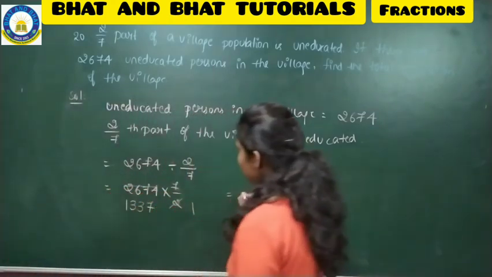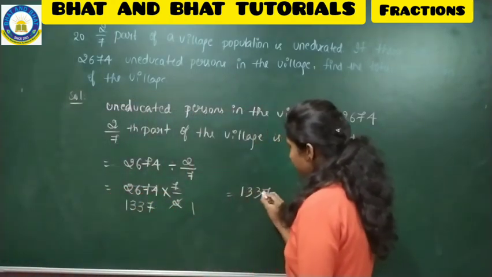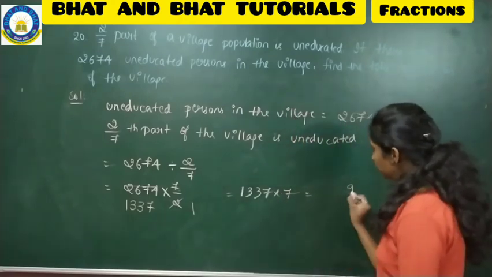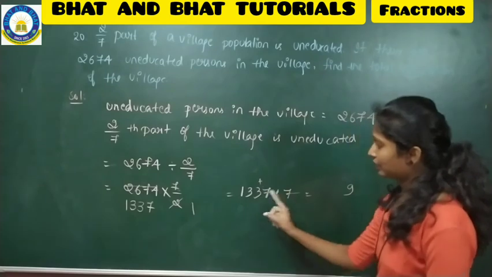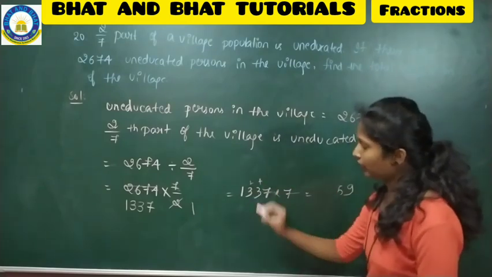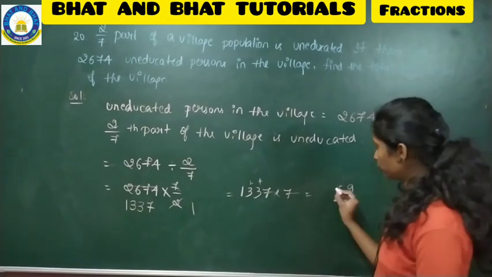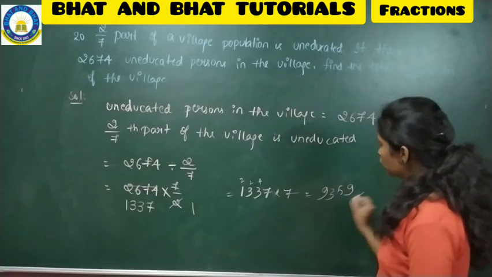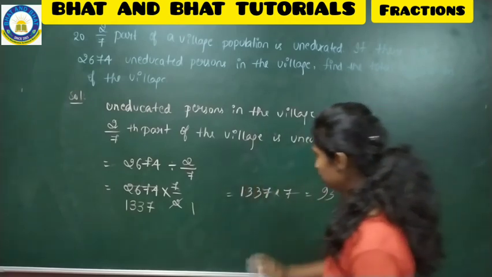So now 1337 into 7. So 7 sevens are 49, 9, 4 carry, 7 threes are 21, 25, 5, 2 carry, 7 threes are 21, 23, 3 to carry, 7 ones are 7, 8, 9. So these many people are there in the village.